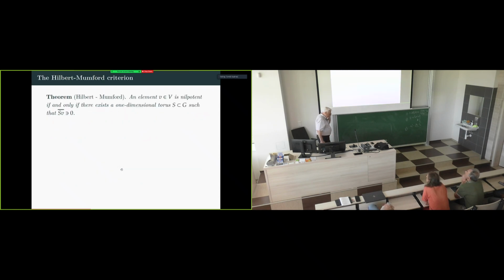The first theorem in this direction is the following.